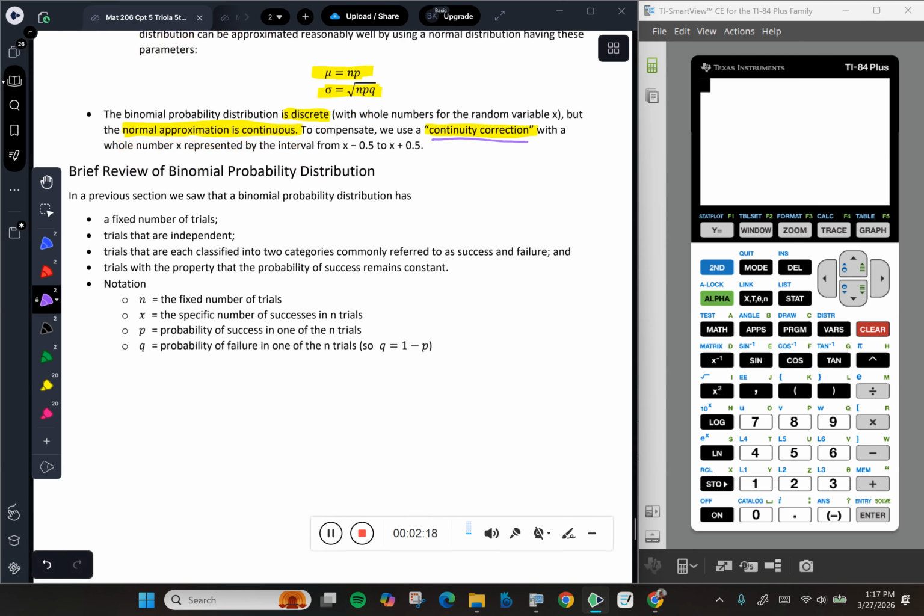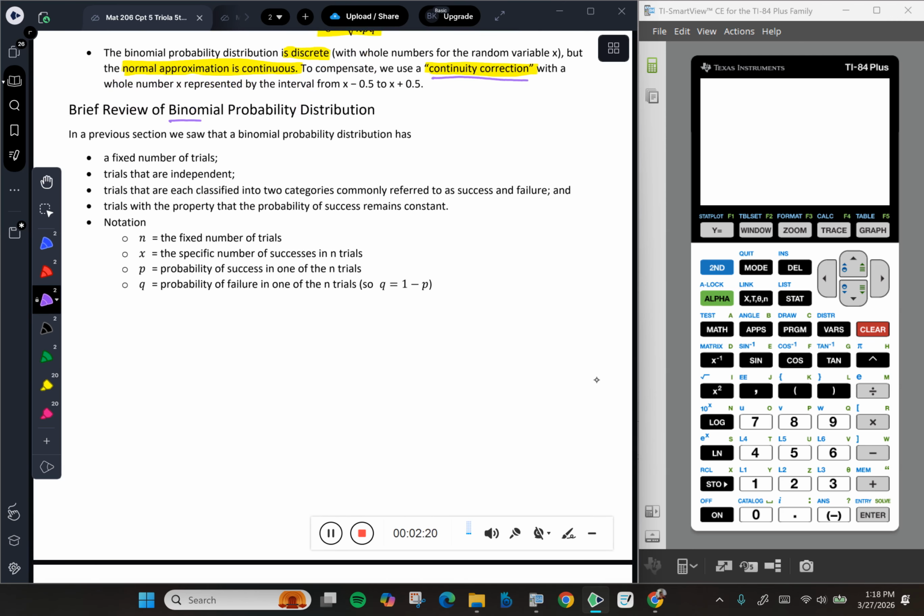Okay? So just to review, binomial probability distributions are ones where we have a fixed number of trials. The trials are independent. We look at everything as success or failure, and we have all of this notation right here, where n is the number of trials, x is the number of successes out of those n trials that we're looking for. We have little lowercase p for the probability of success in a single trial, and q is the probability of failure, and q and p are complements of each other.